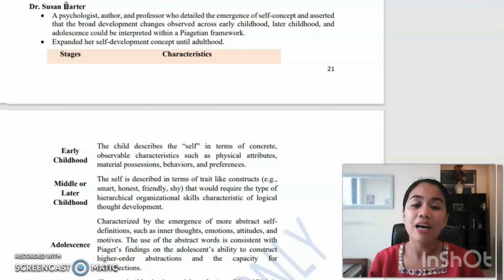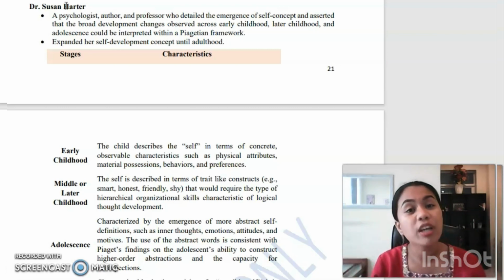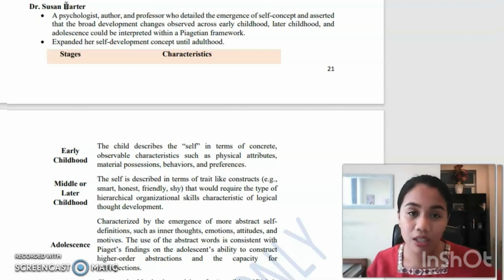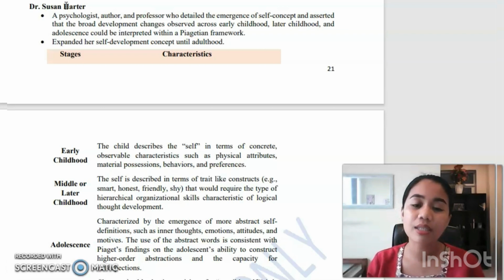Children in middle or later childhood recognize that this girl is talkative, or that girl is very smart because she answers well. They can now identify different traits of different individuals according to their observations. It also requires hierarchical organization skills, characteristic of logical thought development.